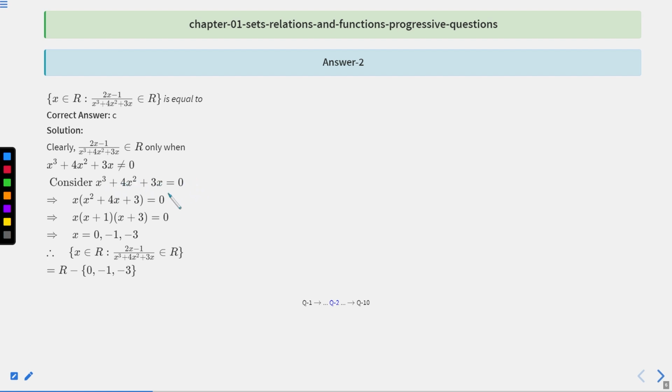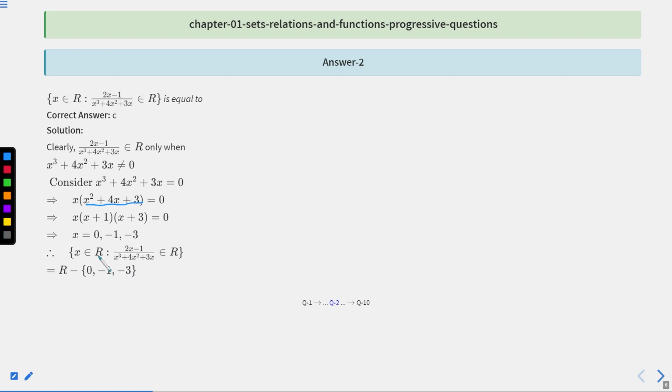So we put x^3 + 4x^2 + 3x equal to 0. Now take x as common: x(x^2 + 4x + 3). This is a quadratic equation having roots -1 and -3. So we can write x(x + 1)(x + 3) equal to 0. So we got x as 0, -1, -3.